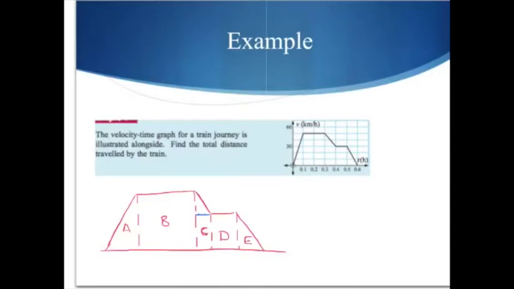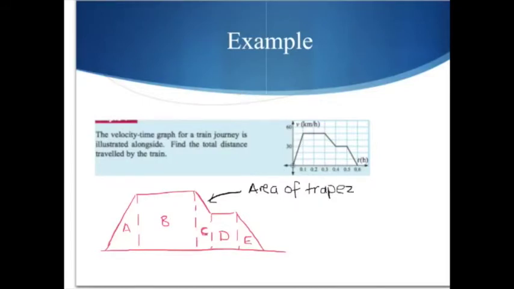Just so you've seen it, I'll let you in on a secret on how to find the area of a trapezium, because I'm assuming no one's going to remember. It's (A plus B) over 2, times H for height.